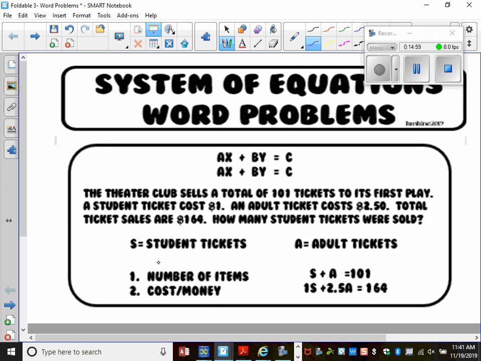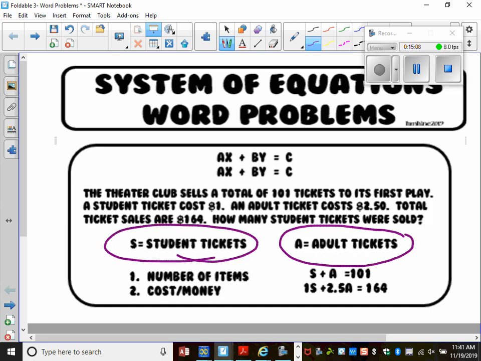Like, say S will represent the student tickets, A will represent the adult tickets. And this is all I want to see today. This, how you define your variables, like what your variables will represent, and then what your two equations are. So that's what you're going to do, and then stop. We'll solve them later. Okay.